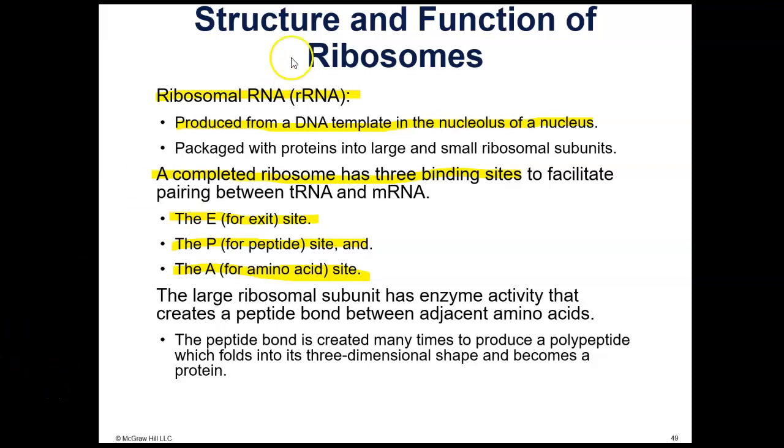Okay, so the slide that we left off, we were talking about the role of ribosomal RNA. Basically, ribosomal RNA composes the ribosome. It makes up the ribosome, and it's produced from a DNA template in the nucleolus.